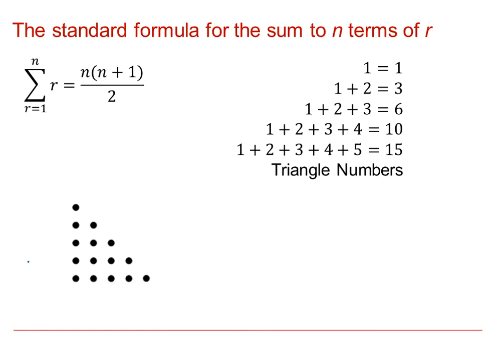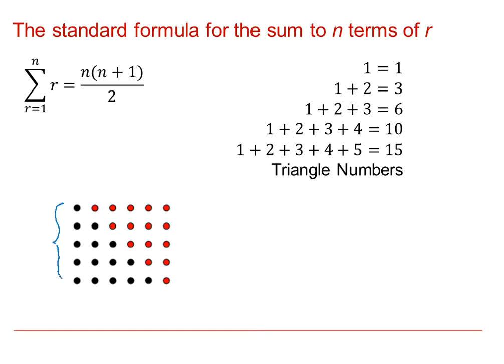If we now replicate that triangle and join it to the first, we've got two identical triangles. The interesting thing here is that this side is 5 and this side is 6. So at the moment, the total number of dots is 5 times 6. But of course, we only want the set of black dots, not the red ones as well.